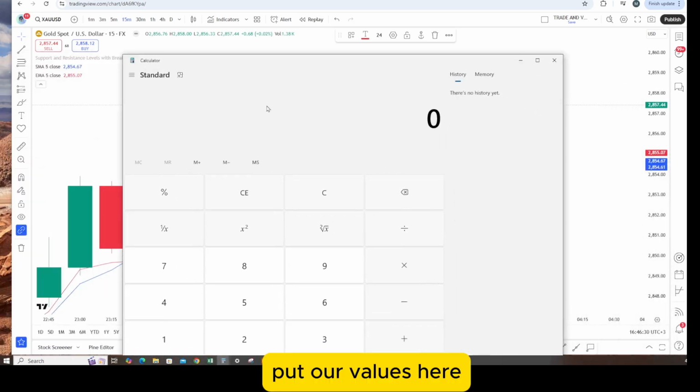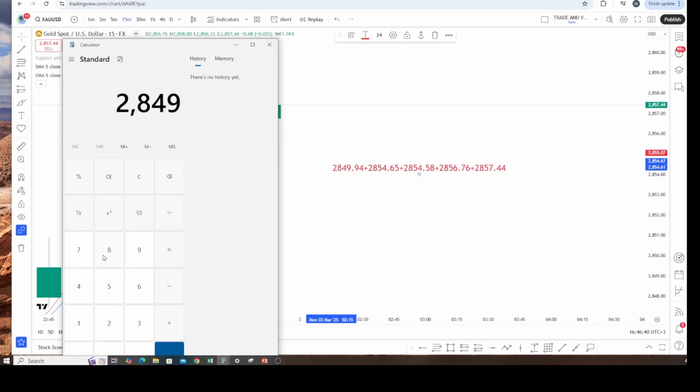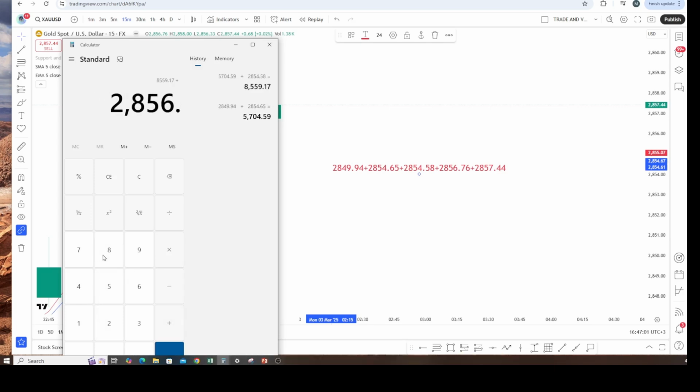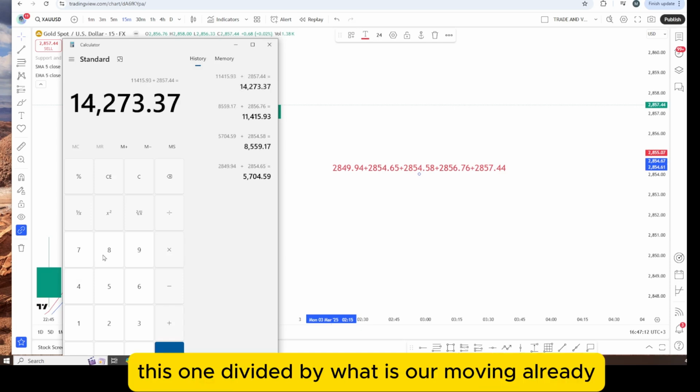What are our values here? 2849.94 plus 2854.65 plus 2854.58 plus 2856.76 plus 2857.44, equal to this, divided by, what is our moving average?